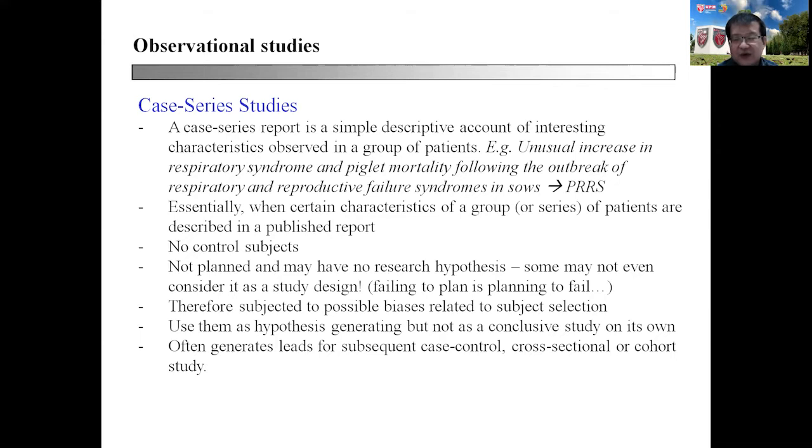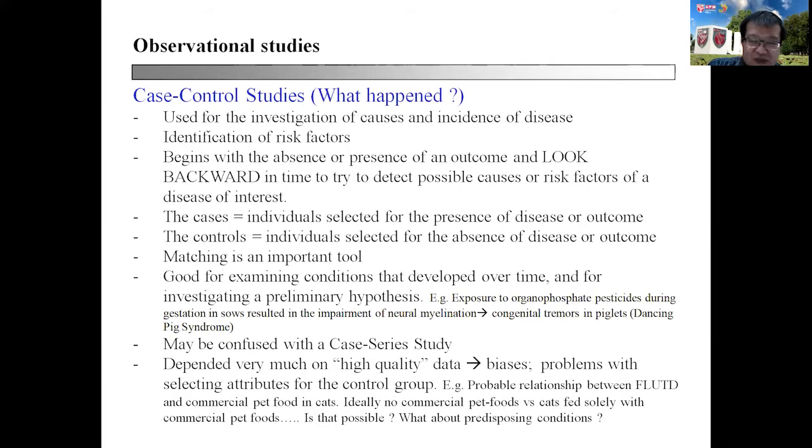So you need a much more robust study design to convince the general public or the academic community or the scientific community that there is actually a disease that is going on in the population now. Having said that, the main benefit of case series studies is that they can be used as hypothesis generating and general leads for subsequent case control, cross-sectional, or cohort study, which we are transitioning to now.